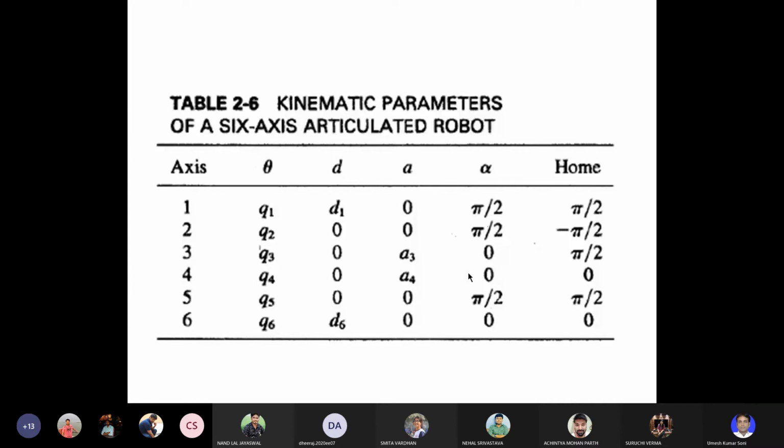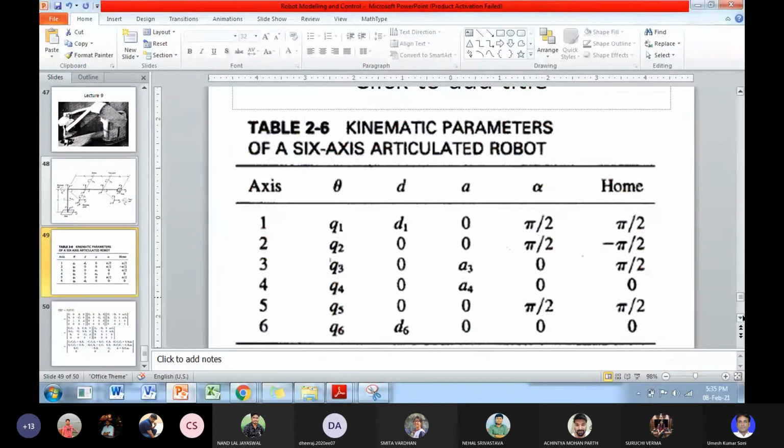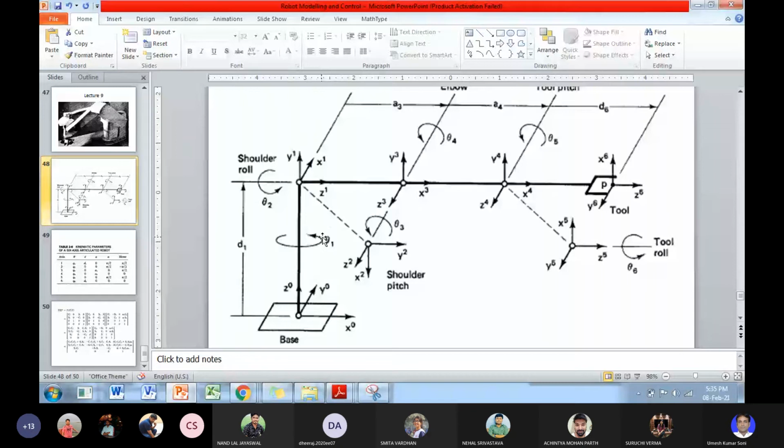Here again the Z2 axis has rotated by pi by 2. यहाँ पे आप देखिए, यहाँ पे Z1 Z0 के रिलेटिव में 90 डिग्री रोटेट किया है.